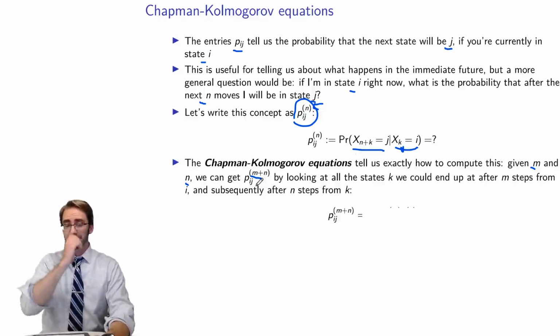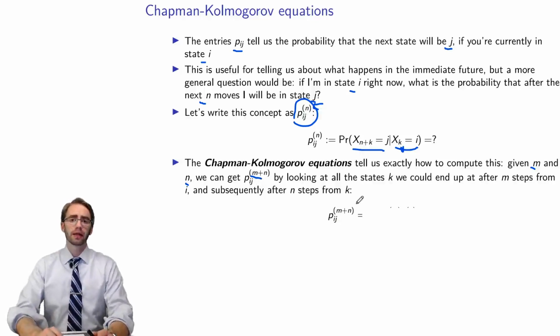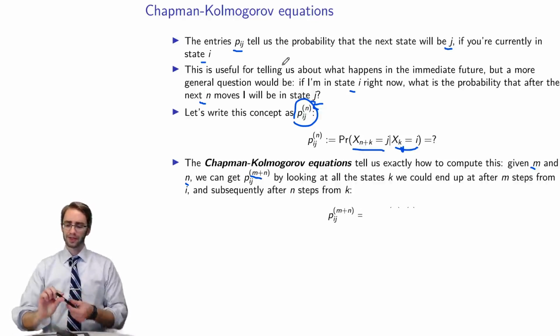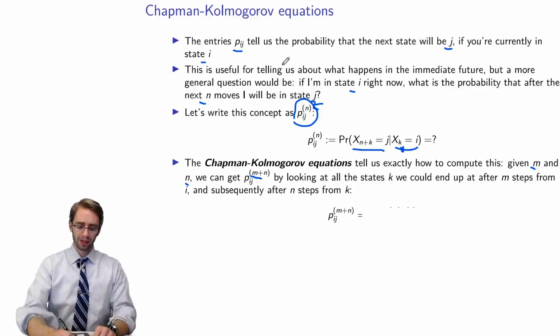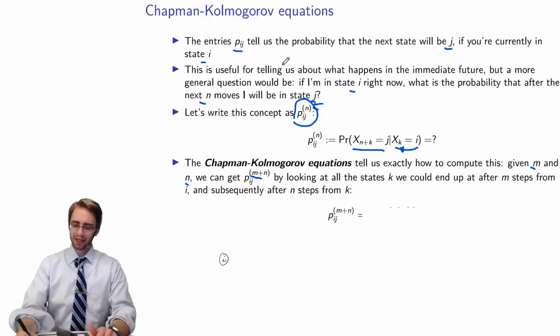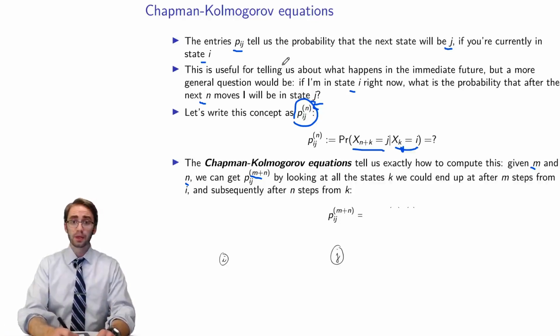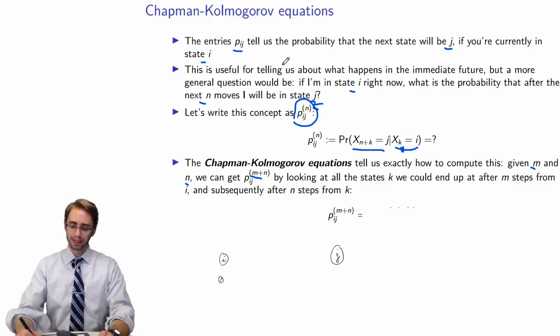The way you would address this is you'd say, well, what would have to happen? And maybe I'll draw a diagram of this over here. So currently I'm in state i at time 0, and here's state j. And then I want to know what's the probability that I land in state j at time m plus n.